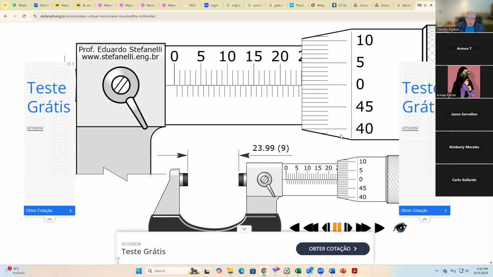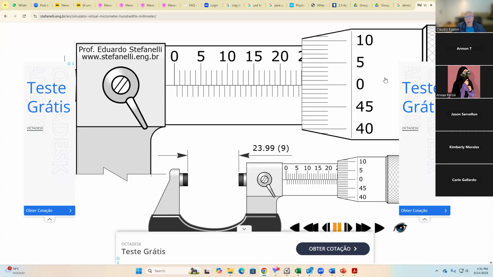And there are other micrometers out there that can go even further than that. Those are the regular micrometers that we find. But if you add a vernier scale, it's possible. By the same token that the vernier caliper has a vernier scale, we could add a vernier scale to this micrometer. My micrometer here has a vernier scale, and because of it, I can go one step higher in resolution.